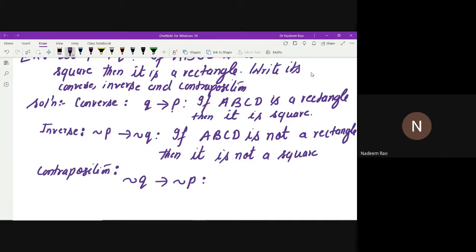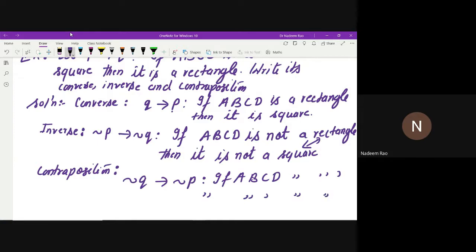In the case of contraposition, it will be: if ABCD is not a square, then it is not a rectangle. So it's quite simple. Right?